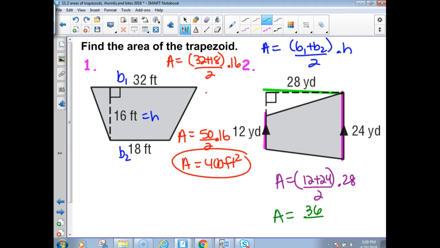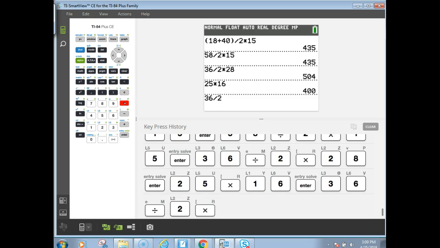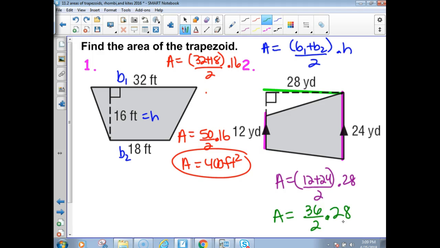So I'd rather just add 12 and 24 in my head, 36 divided by 2 times 28, and type that in. 504, yep, these were the ones we did in our ISN, wasn't it? 504 square yards.